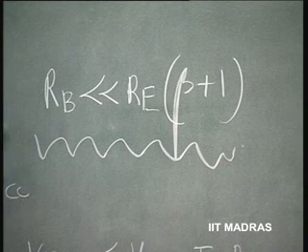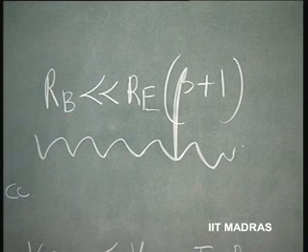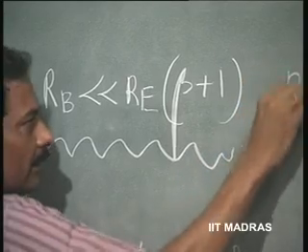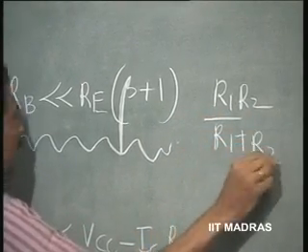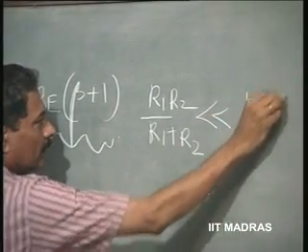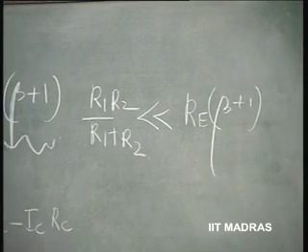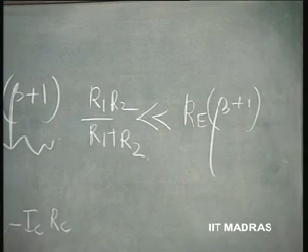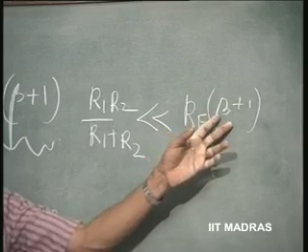That means R1 parallel R2, which is RB, shall be so chosen that R1 R2 by R1 plus R2, which is RB, should be much less than RE into beta plus 1. This is easy because beta is very high. Suppose RE is of the order of kilo ohms, and beta is, let us say, 199.